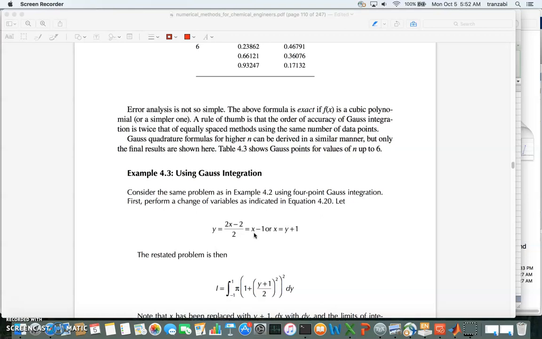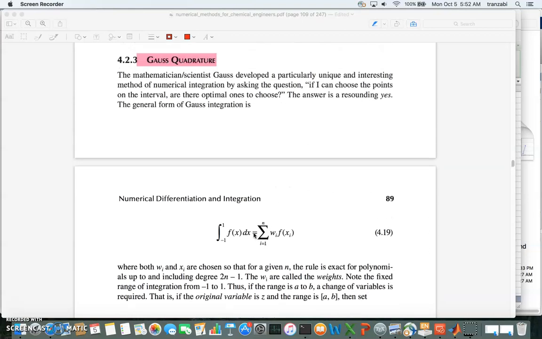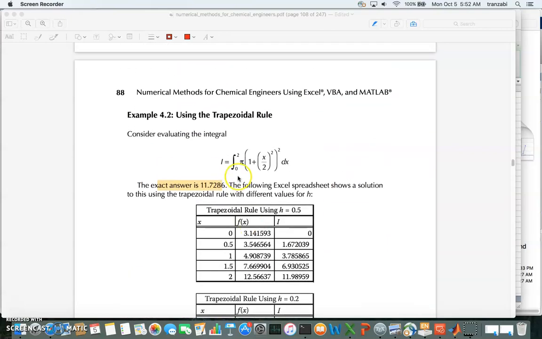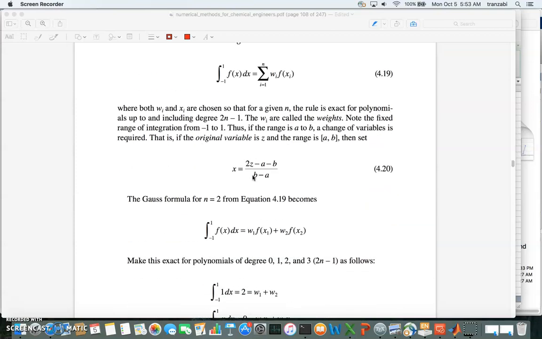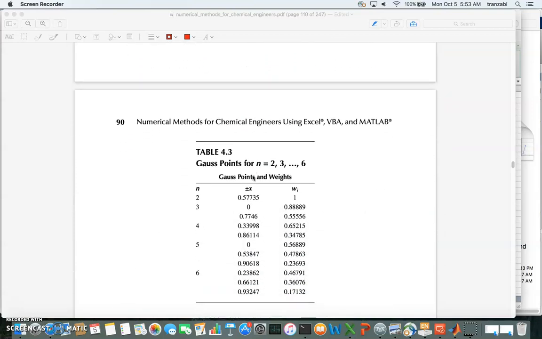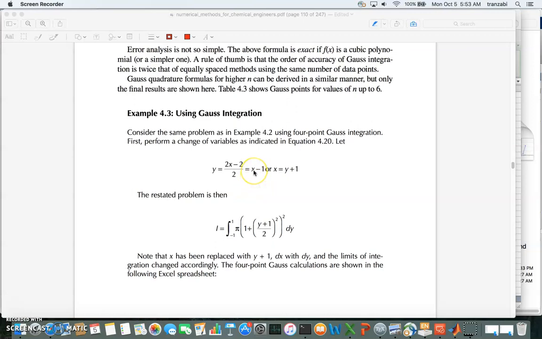My x varies from 0 to 2, so let's go back to example 4.3, the original integral from 0 to 2. If x is 0, then y is -1. If x is 2, then y is +1.